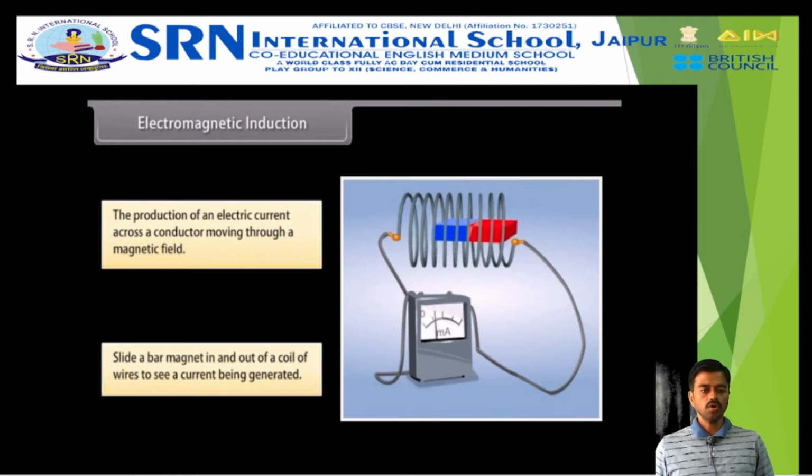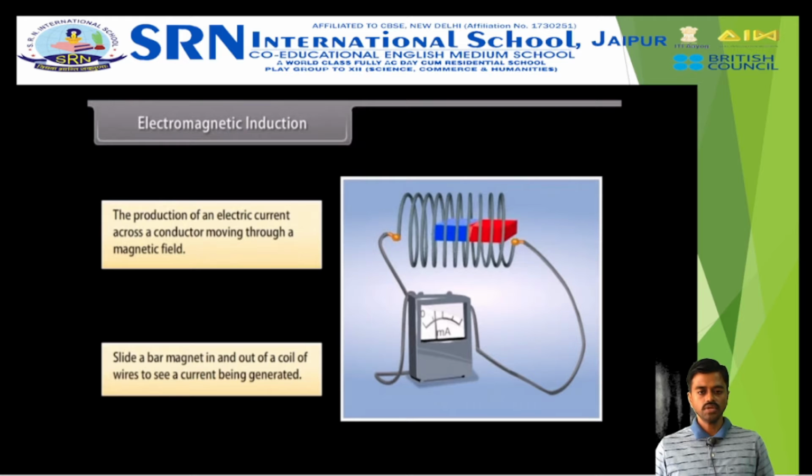Now let's talk about electromagnetic induction. Electromagnetic induction is the generation of current in one coil due to a magnetic field from another. It is the production of electric current across a conductor moving through a magnetic field. Slide a bar magnet in and out of a coil of wire to see the current being generated.